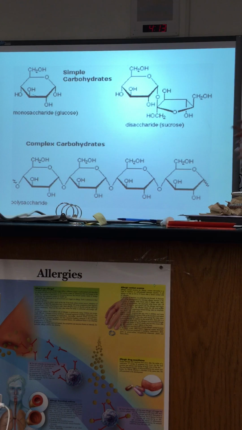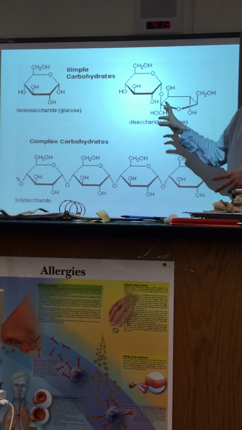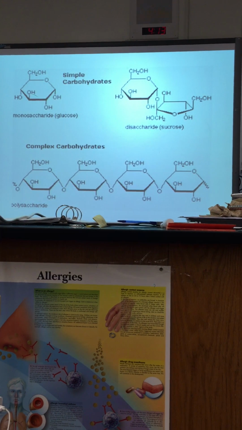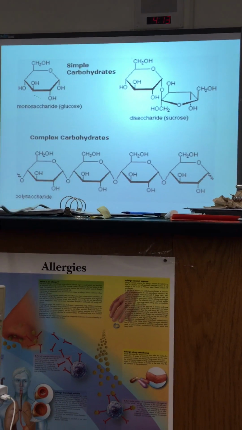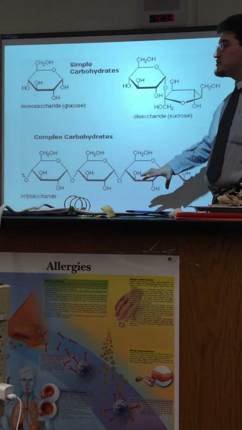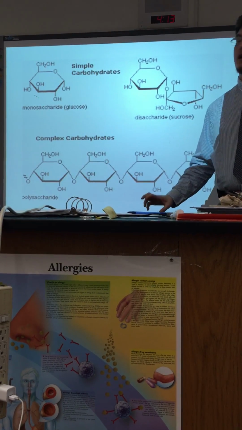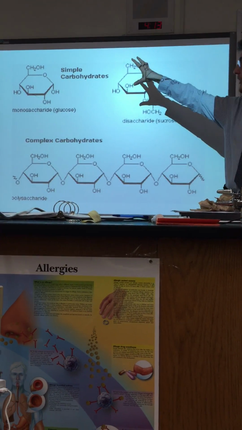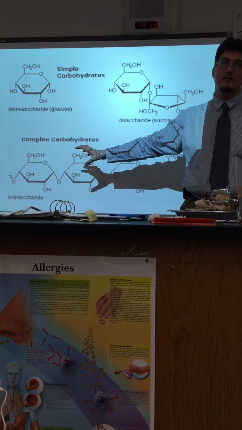So a simple carbohydrate has very few parts. A complex carbohydrate has a lot more parts. So, that is just the food definition for mono, di, and polysaccharides: simple, complex.